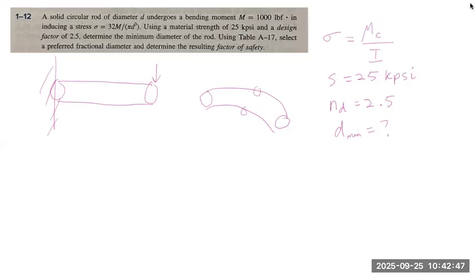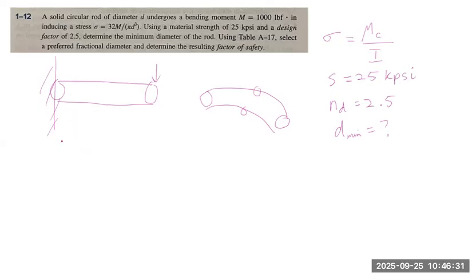So first we have to know some key relationships in this formula sheet. Actually, this particular equation is not on our equation sheet, so it will be good if we memorize it or if we put it on the equation sheet.